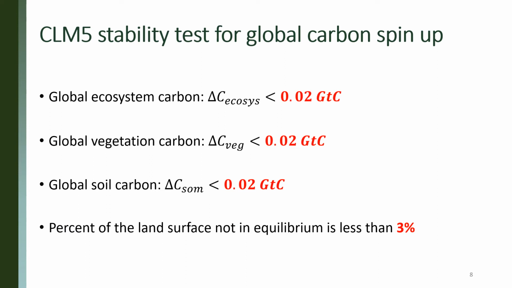The Community Land Model is one of the most famous land surface models developed by NCAR, with the largest user community around the world. Their criteria for spin-up include that changes in global carbon storage should be less than 0.02 gigaton carbon per year, and the disequilibrium grid cells should be less than 3%.